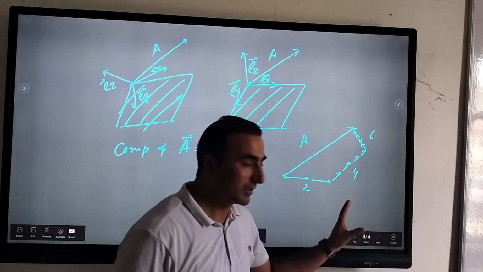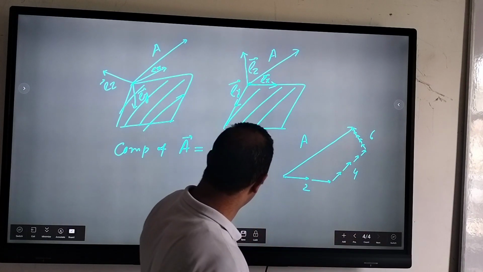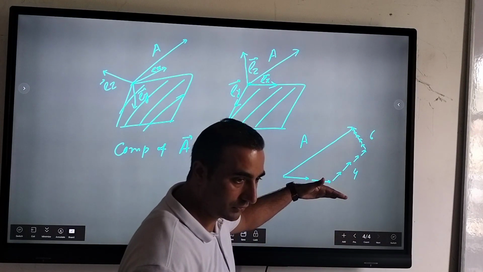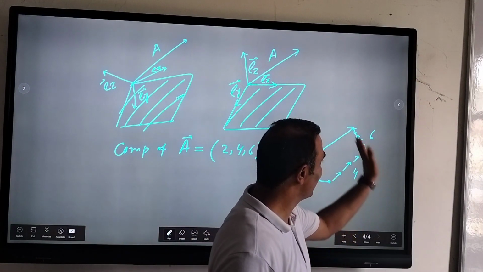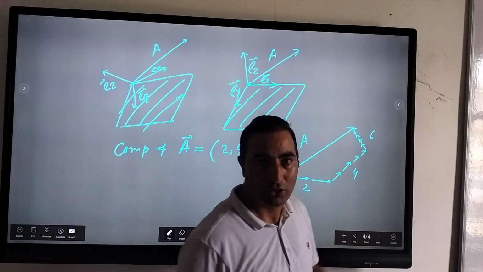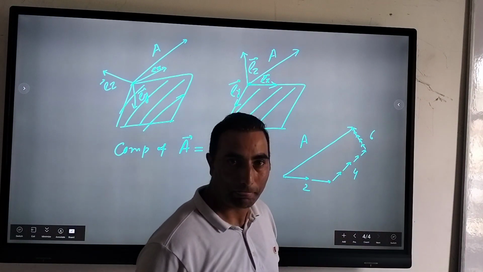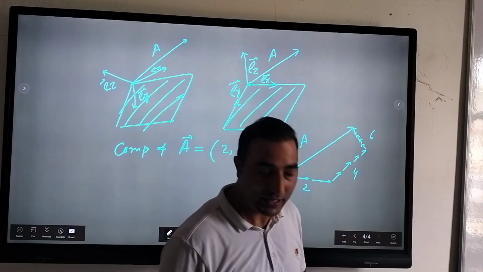This is not very clear, so what are we doing? We are basically going 2 units along this axis, 4 units along y and 6 units along z. So this gives us vector A, right?